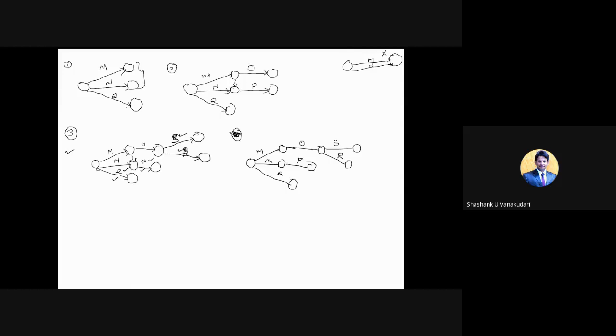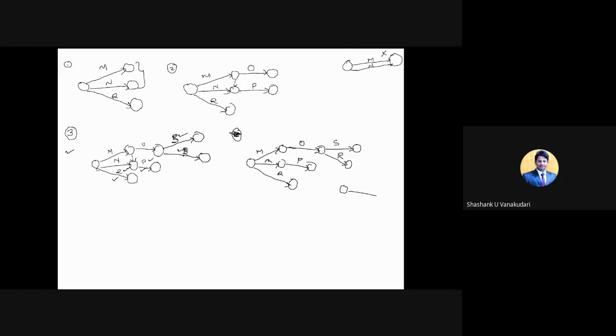Now what is there in the fourth condition: activity T depends on the completion of P, Q and R. So this is activity P's end node, this is activity Q's end node, and similarly this is activity R's end node. As in yesterday's problems, suppose this is the T activity now.